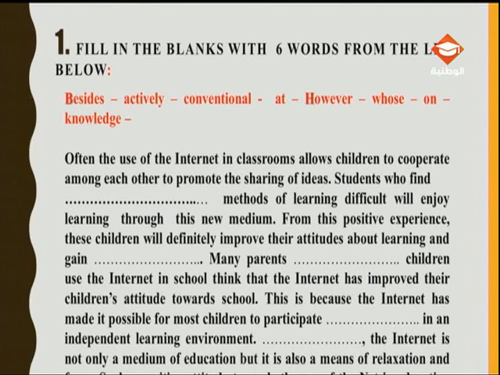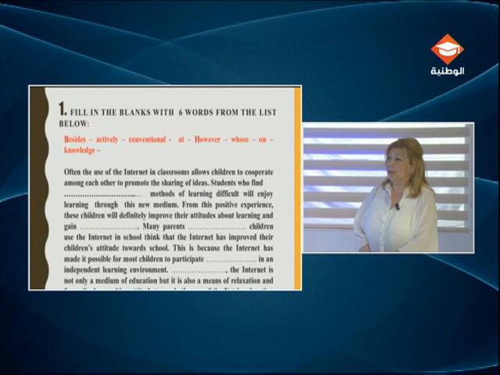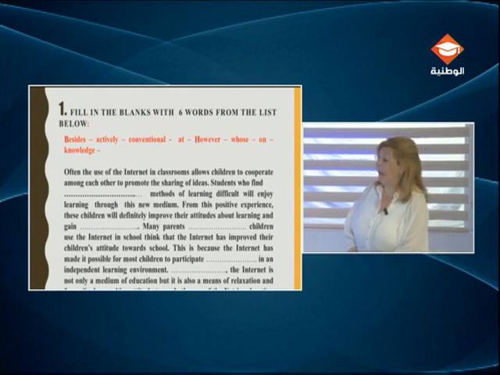Then actively. Actively is an adverb. Active, actively. Conventional is an adjective. Convention, the adjective is conventional. At and on, these are prepositions. This means, in most cases, if we have two words of the same form, it means that maybe one of them is an extra word.